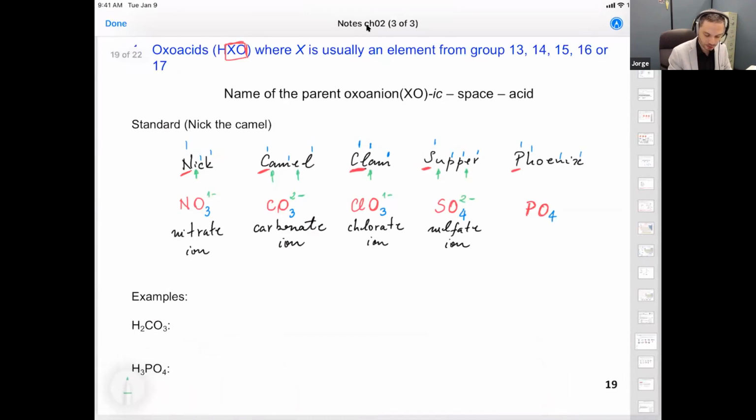The magnitude of the negative charge is equal to the number of vowels: 1, 2, and 3. Therefore, PO4 3 minus is formed by phosphorus. Therefore, the name of the oxoanion is phosphate ion.